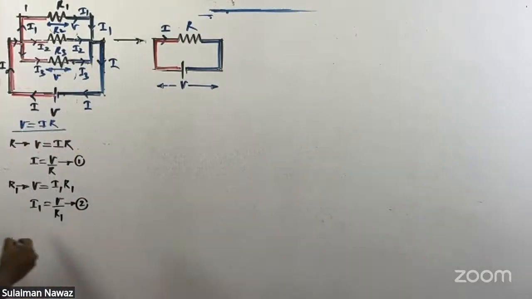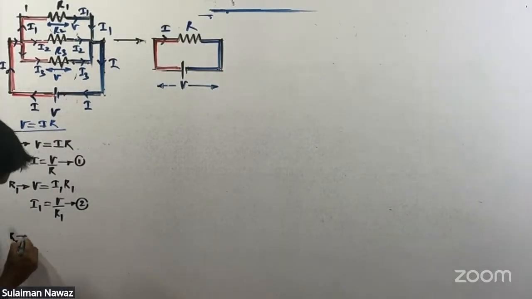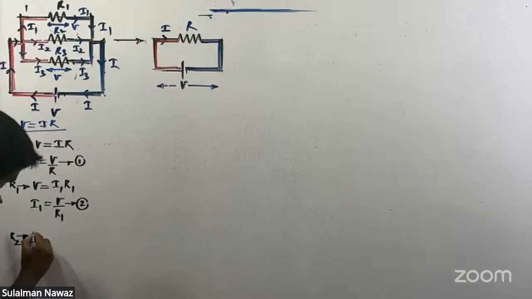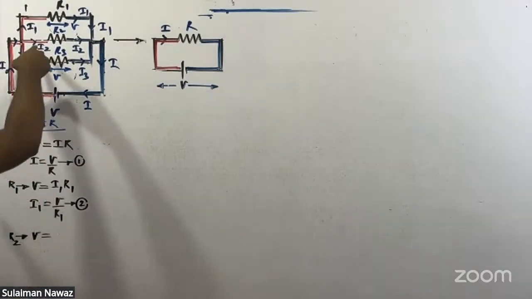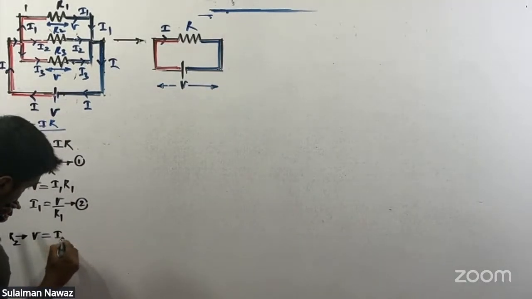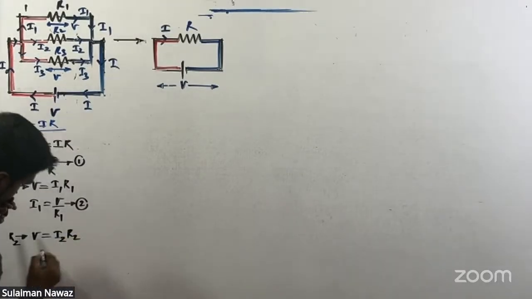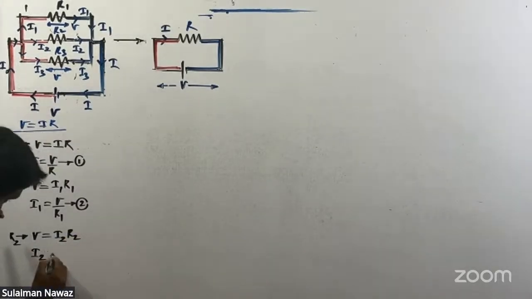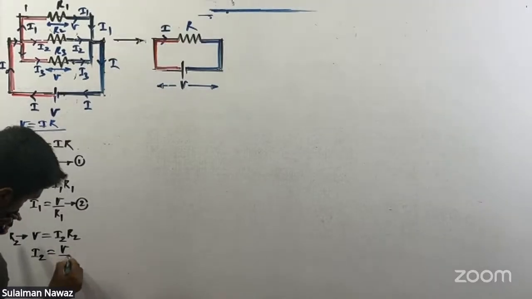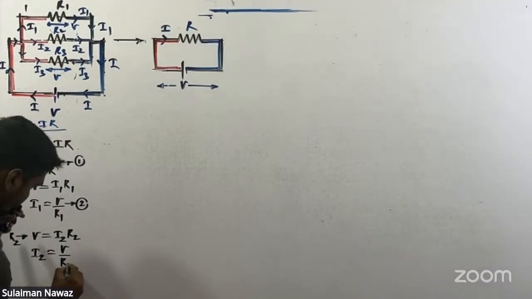Likewise, apply this V equals IR equation for R2 and R3. Substitute I2 and I3. The potential difference is V, the current is I2, and the resistance is R2. So when you substitute, I2 is going to be V over R2.